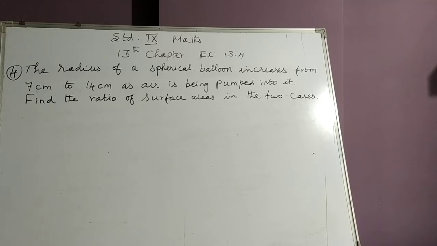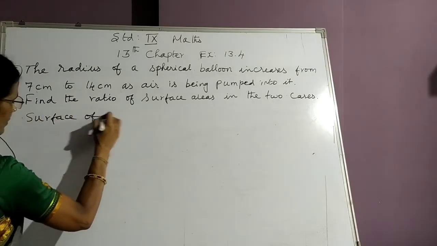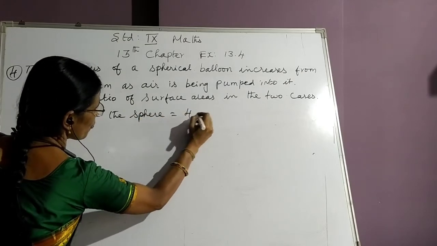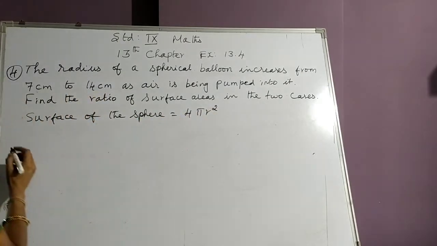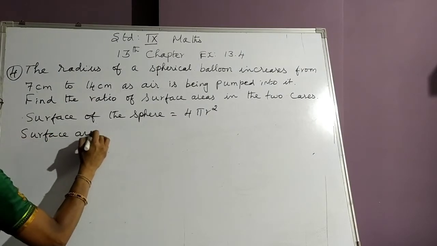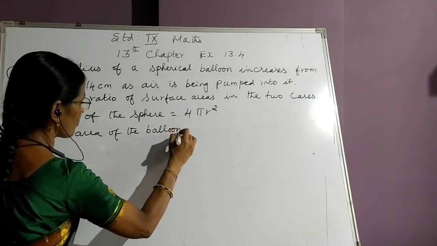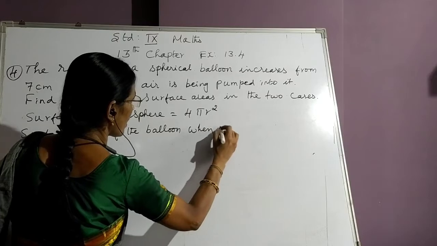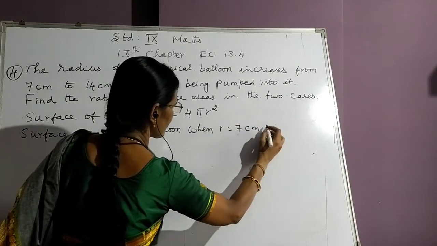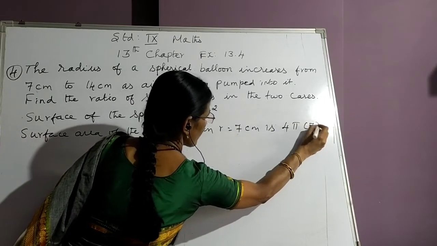So let us write. Surface area of the sphere is 4 pi r square. Surface area of the balloon when r equal to 7 centimeter is 4 pi 7 squared.